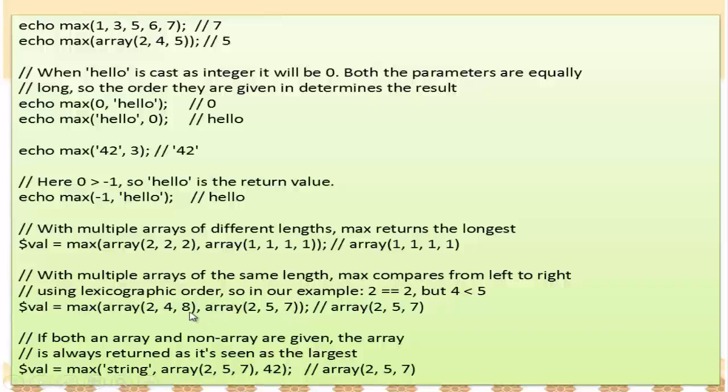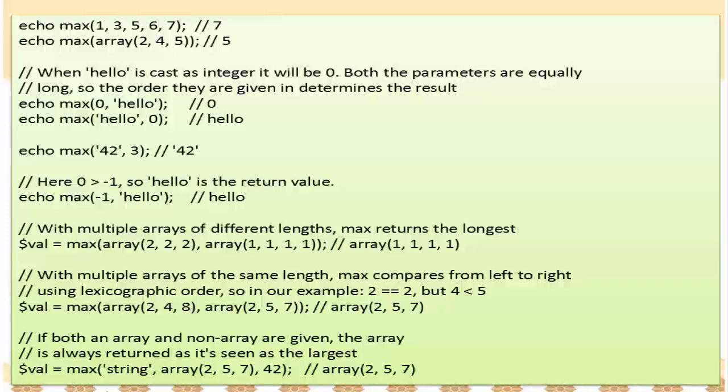Even though the next value, you notice over here, 8 is greater than 7, once it finds something greater in one of the arrays, it just outputs that as the result. So this will happen only if the 2 arrays are of the same size. If one of the arrays has the greater size, the greater size array will automatically be returned.